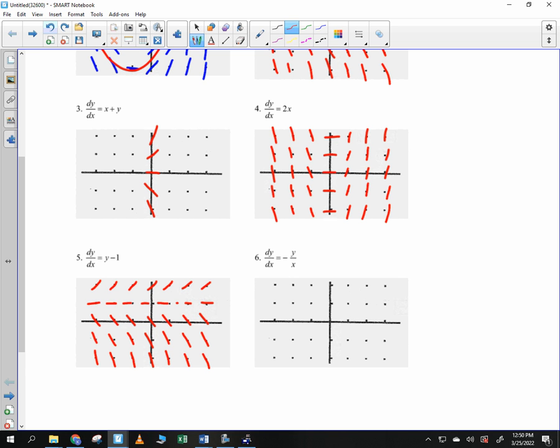If I add these together, I'm going to get 1. 1, 1, I get 2. 1, 2, I get 3. Okay. And then here I have 1 and -1, which makes, oh, that's interesting.